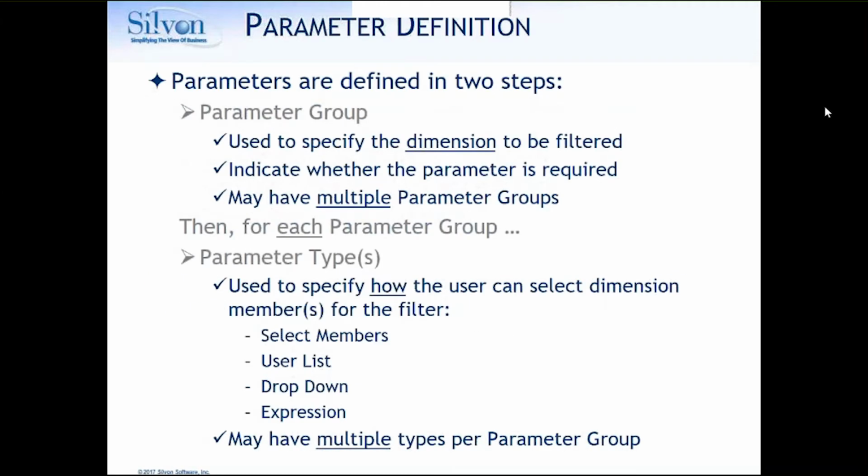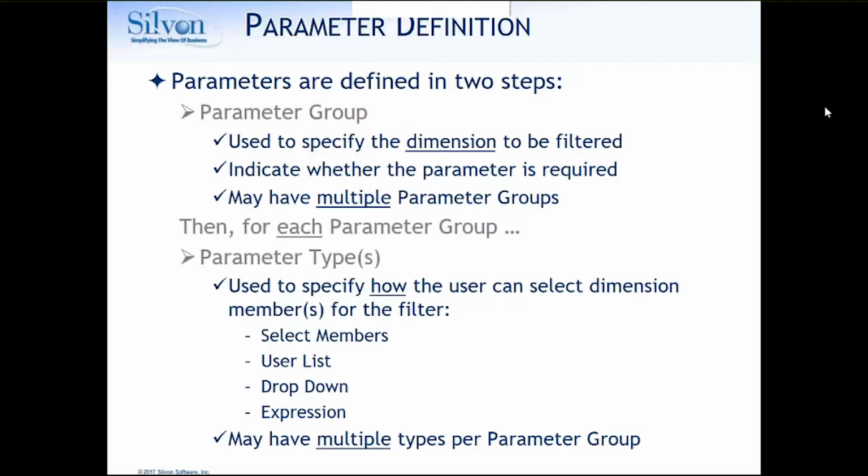Okay, so how do we define parameters within a Viewer view? There are two steps. One is what is called a parameter group, and you associate a parameter group with each dimension that you want to prompt the user for.